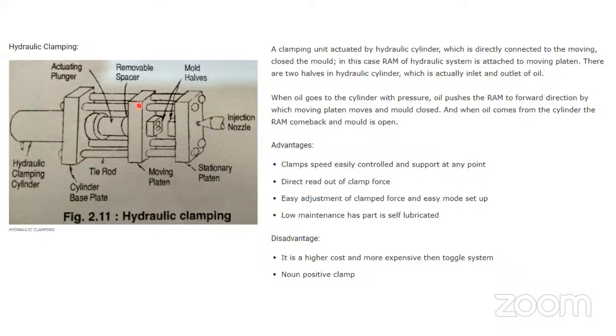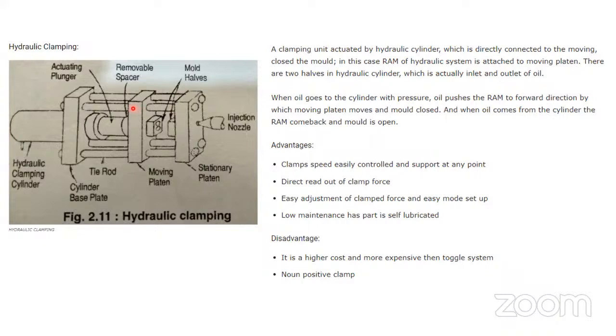See here, we can move slowly first, then fast. Then when it comes here, again slow speed. Now, while opening also, first it will go slowly, come here, then again fast, and again it will go slowly here.